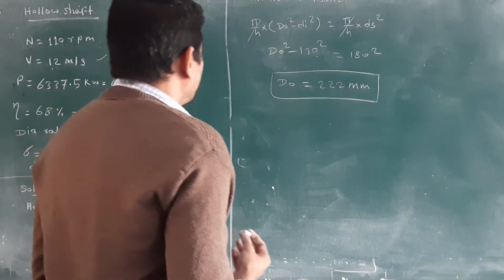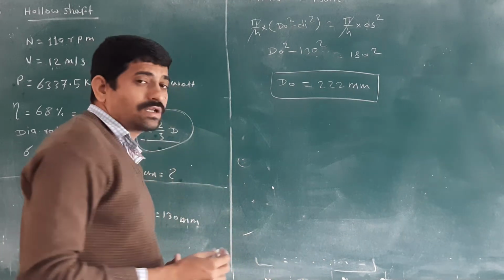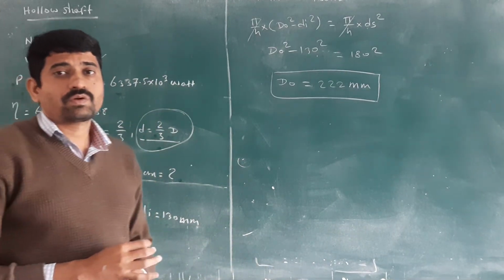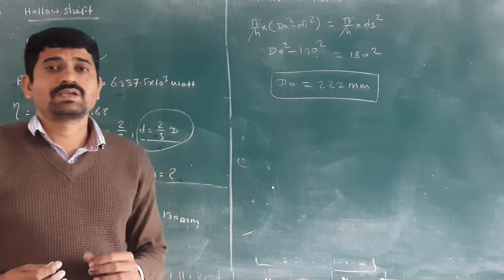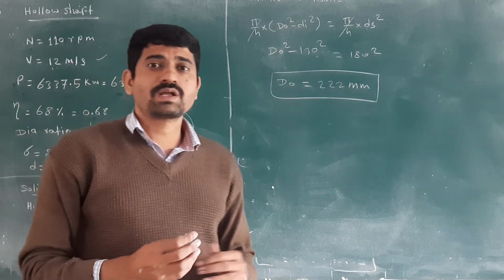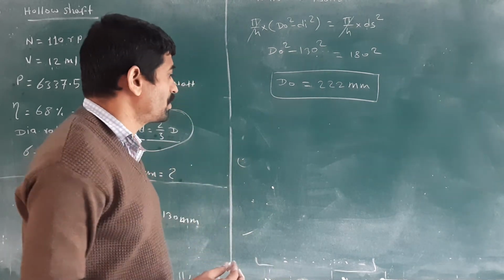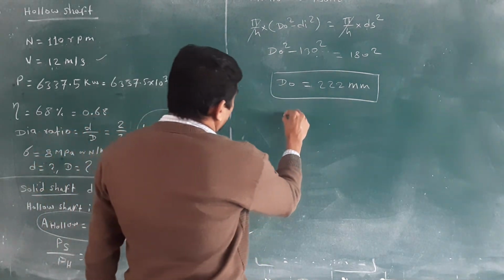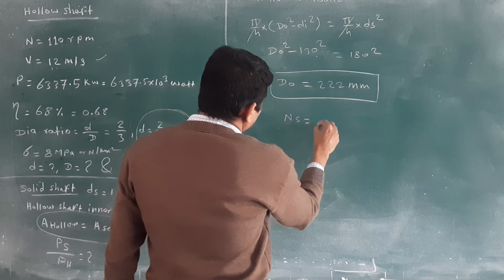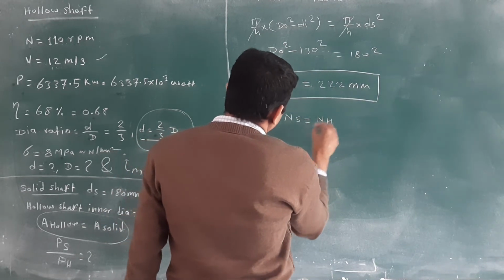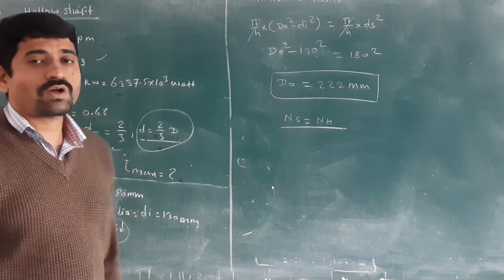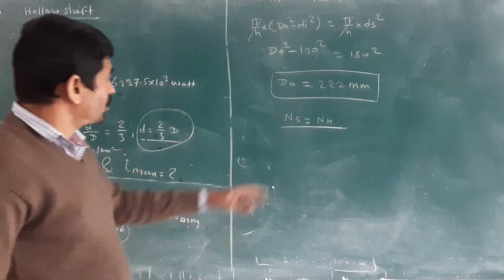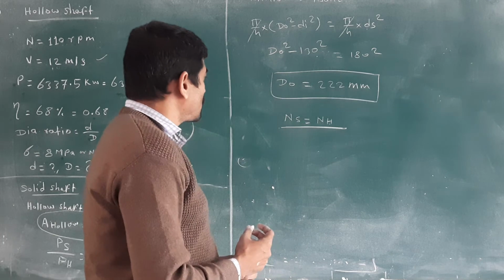Again, it is mentioned in the problem statement that the angular velocity of the shafts is the same. What is the meaning of that? The angular velocity of the solid shaft is equal to the angular velocity of the hollow shaft.